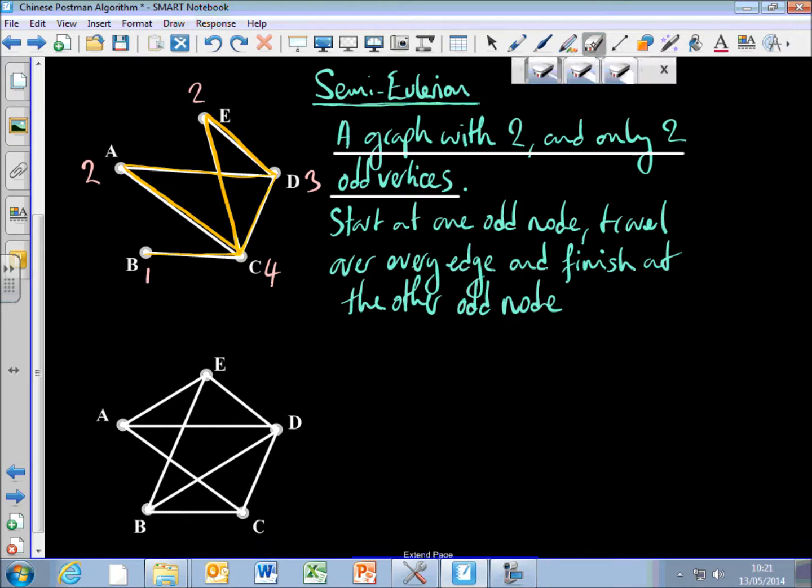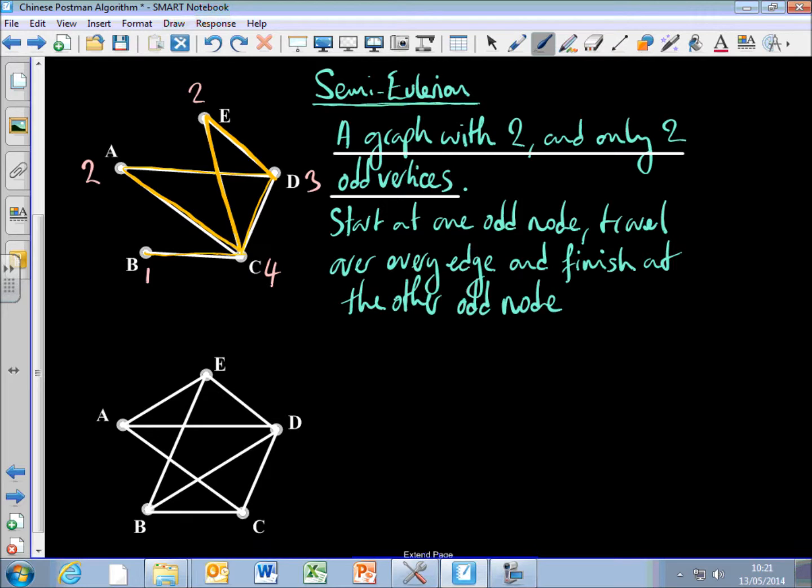I'm allowed to do this with just 2 odd nodes because as long as I start at one odd and finish at the other, if I start at B, for example, there's a path leaving B, but I never actually have to go back to B. So I only need a path that leaves B. And then if I go around the network, go over every edge just once, and come to D, D's got an odd order there, but I don't have to leave D again, I only have to get there.